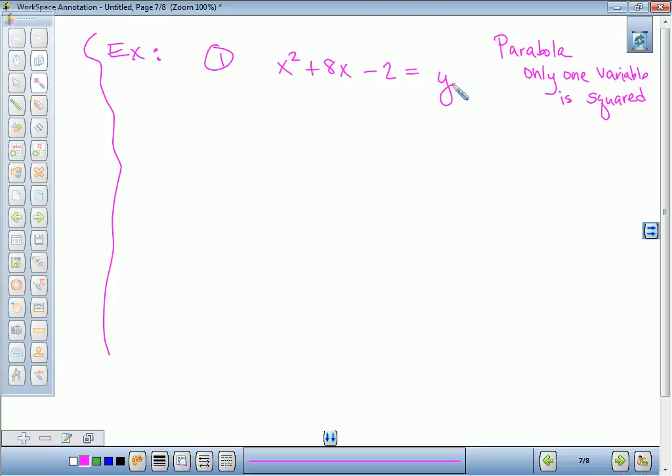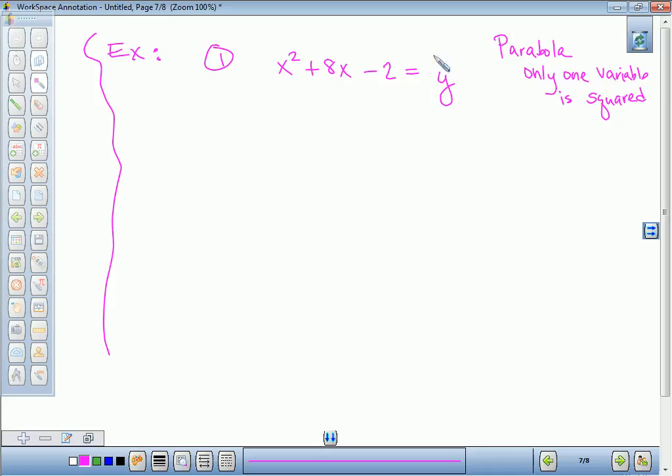So because the x is squared, it's a y equals parabola. If the y was being squared, it would be an x equals parabola. Now, it's not the right form. So just like with the circle, just like with the ellipse, just like with the hyperbola, we have to complete the square to get this parabola in the right form.